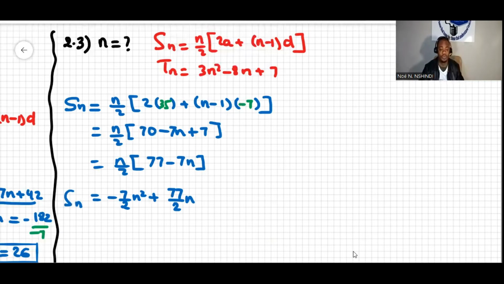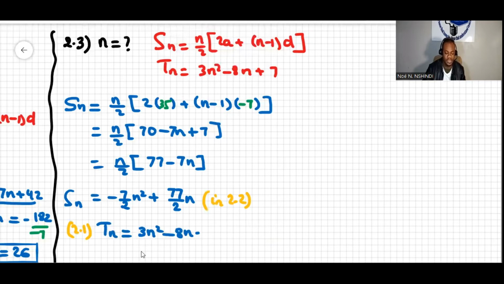Now in question 2.1, as we said, Tn was equal to 3n squared minus 8n plus 7. What can we do then? Set them equal.